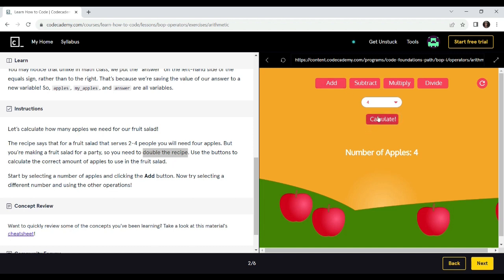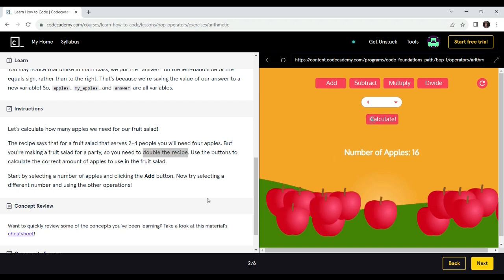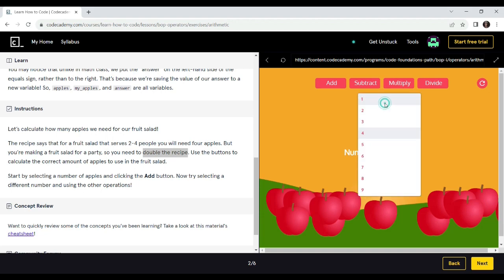An additional 4 people, 8, 12, 16, etc. So as you can see, the number of apples relates operationally to the number of people at the party.